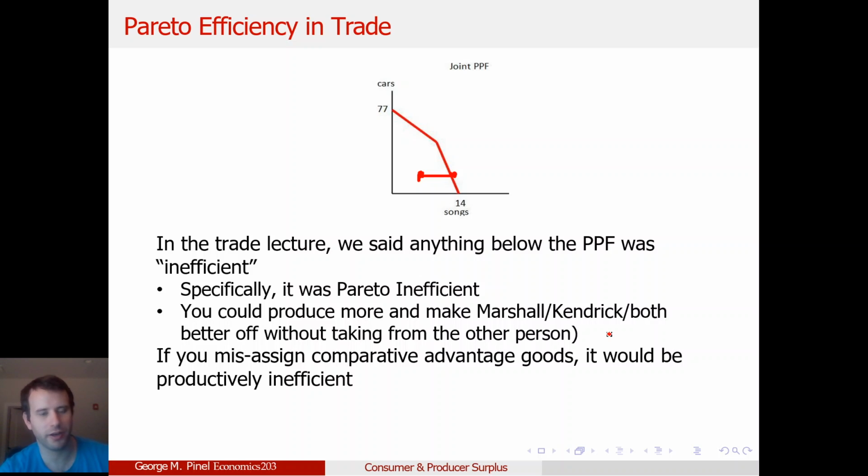Another tie-off here is that I talked in the last slide about productive efficiency. If you assign the wrong comparative advantage, you have a graph that's going to look like this. Boom and boom. It's going to be curved the other way around. What does that mean?